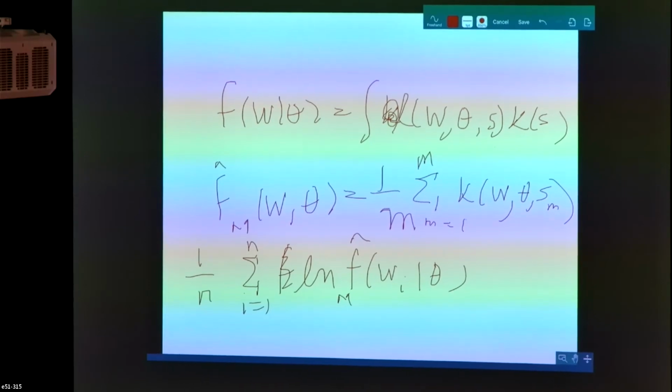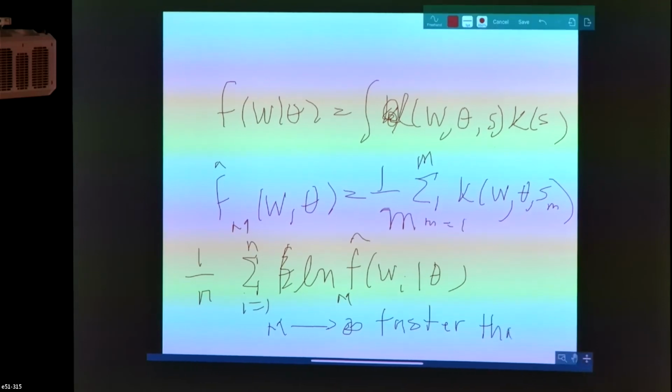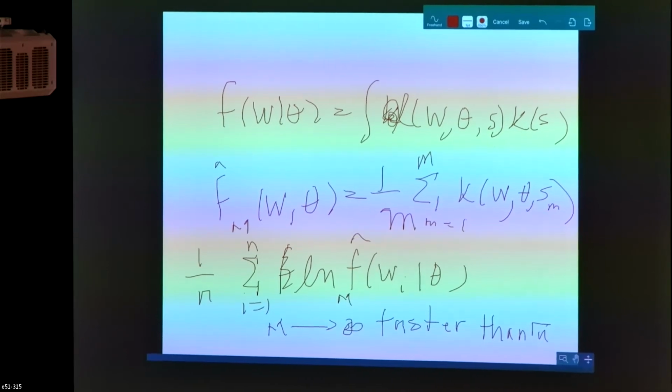So what you have to have is m goes to infinity faster than root n. That's required, and the reason is that you have root n times theta hat minus theta, so you need root n times the simulation bias to vanish.